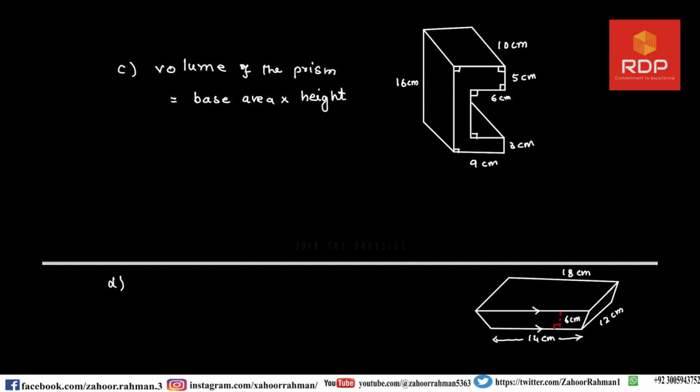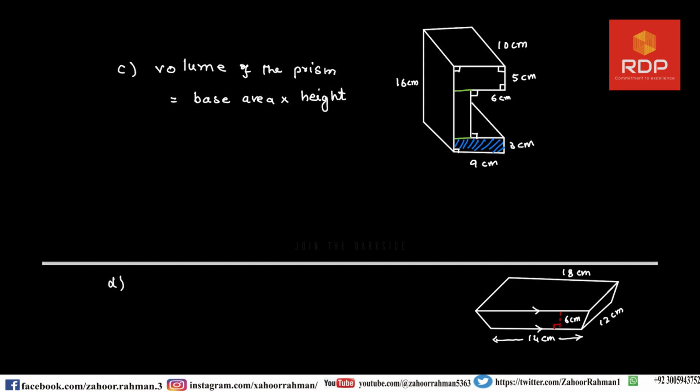Now, in this case, if you want to consider this as the base and this as the height, first we have to find the area of this. I am dividing that into three different areas. The first one is this one, which is a rectangle.